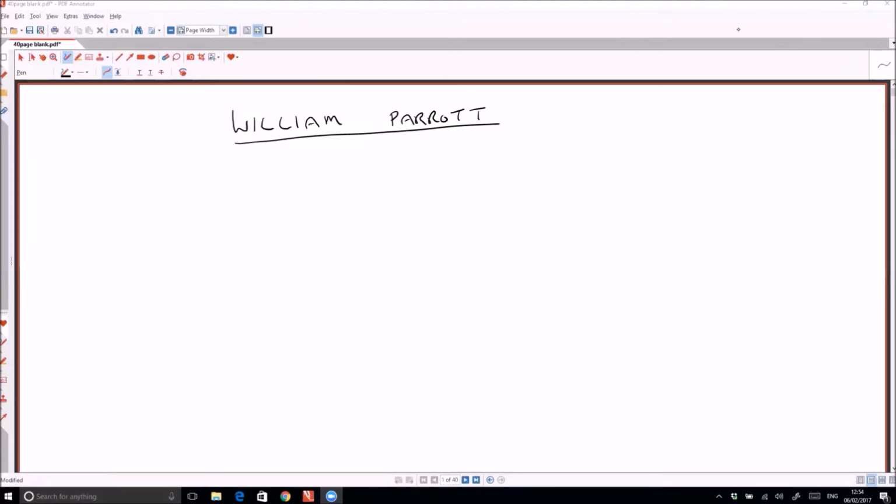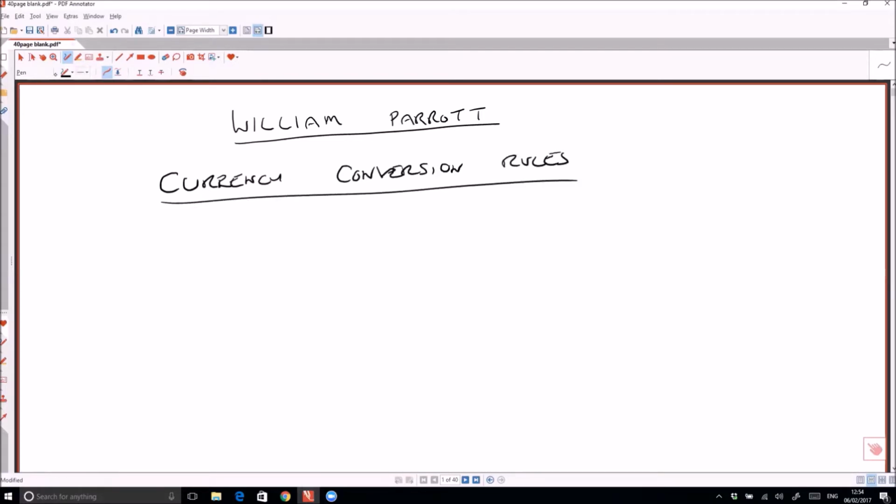As I said, what are we doing today? It's currency conversion rules. Good. What could you easily be presented with in the exam? Well, you could be presented with something like this, couldn't you?